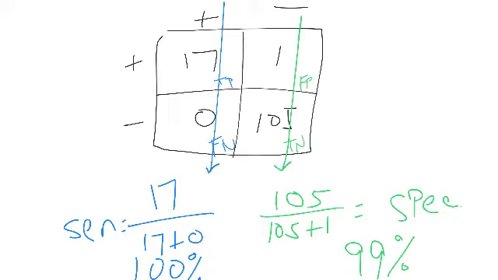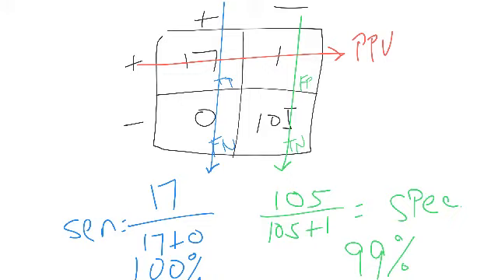What's the formula? True over everything. So when I go to calculate my positive predictive value, I'm just going to go into this row here, and that's the row. It's going to be positive predictive value.